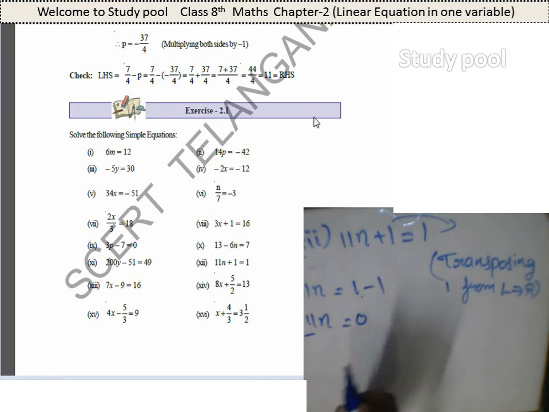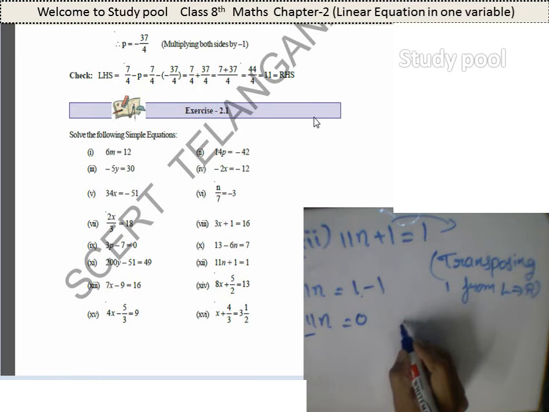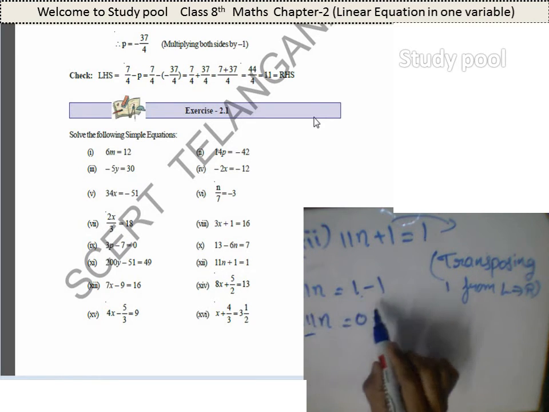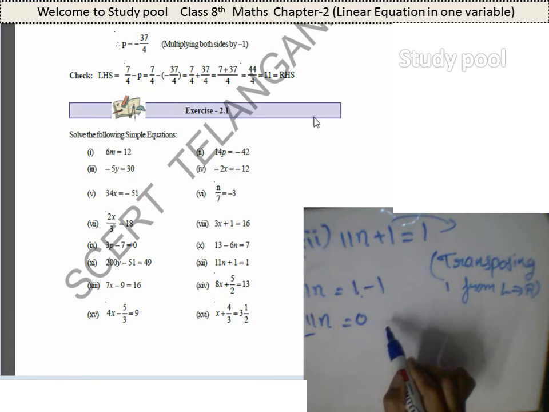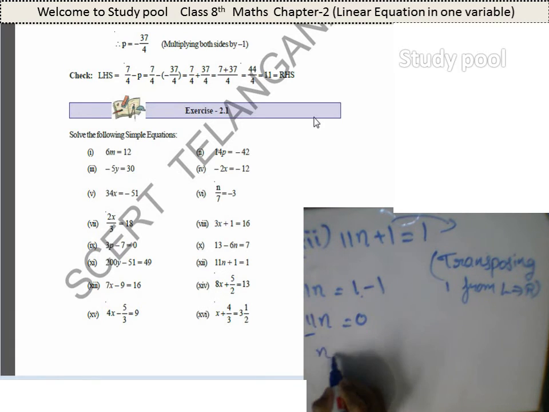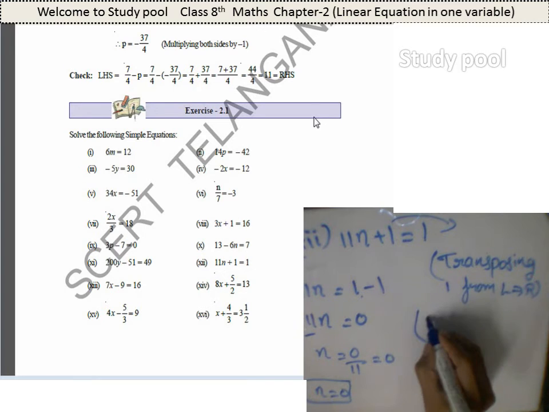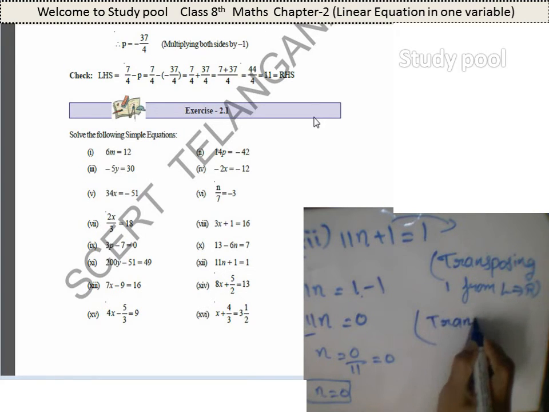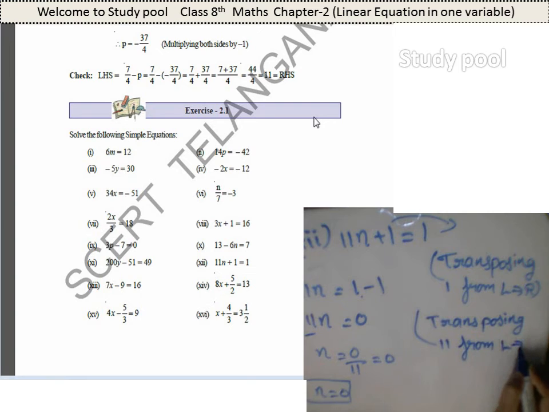Now what do we have? 11 again. So we have to transpose. If you transpose this 11 from left to right, what happens? It will become n is equal to 0 by 11. It's nothing but 0. So n is equal to 0 you are getting. Okay, here you can write transposing 11 from LHS to RHS.